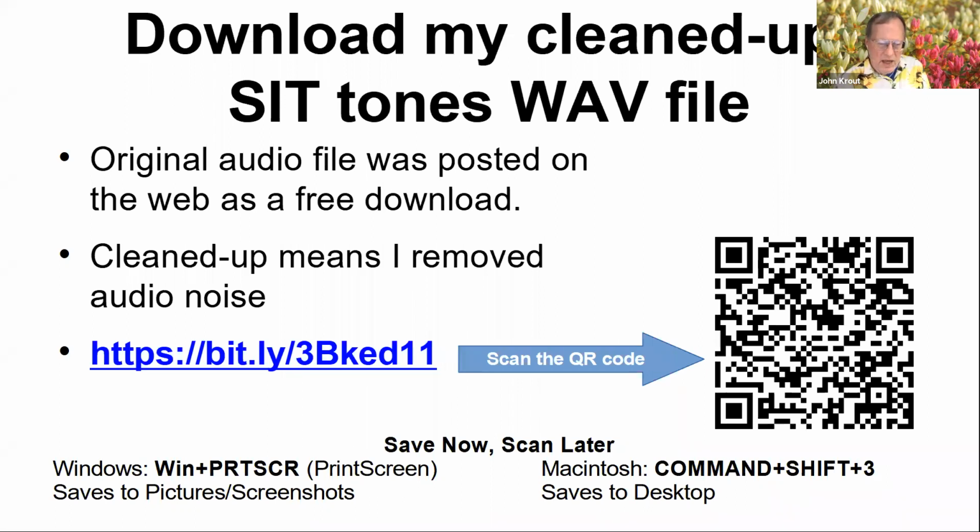And when you say yes, then it will download the SIT tones WAV file. So for those of you at home on a Windows computer or a Macintosh computer, you have that reminder at the bottom of the screen telling you how to save this slide, just in case you want to download the SIT tones after this presentation is done.